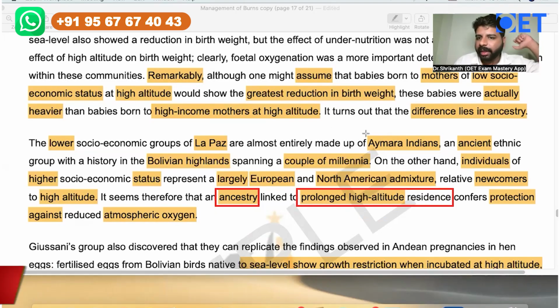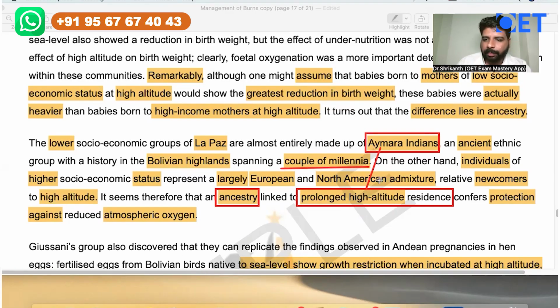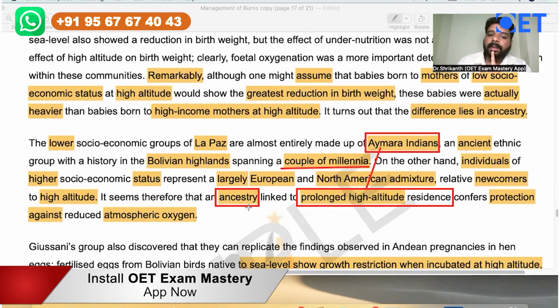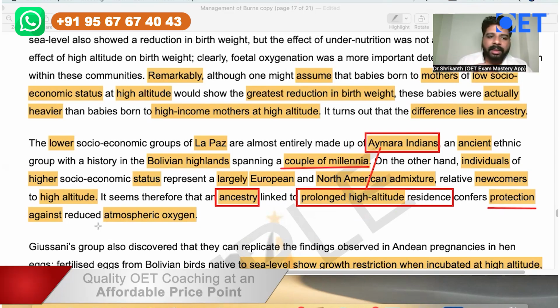The Aymara Indians are the people who have been living there for a very long time, for the past 2000 years. So they are telling us that ancestry linked to prolonged high altitude residence confers, basically means gives, protection against reduced atmospheric oxygen.